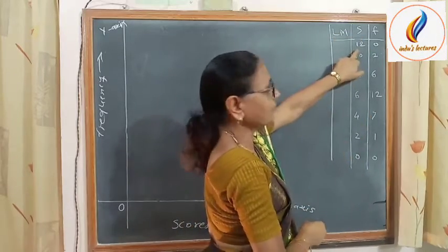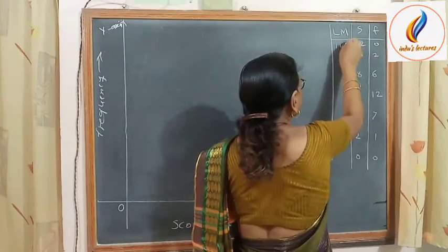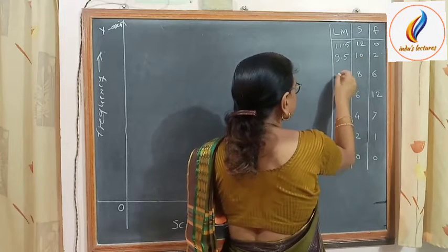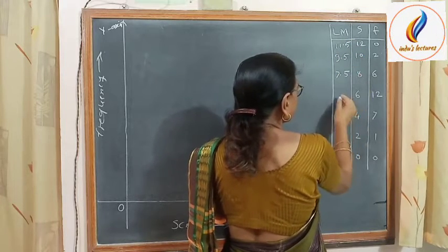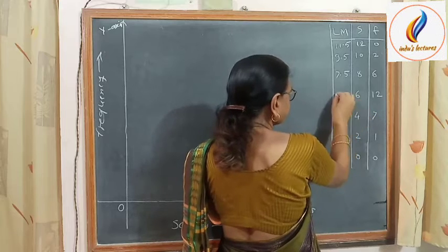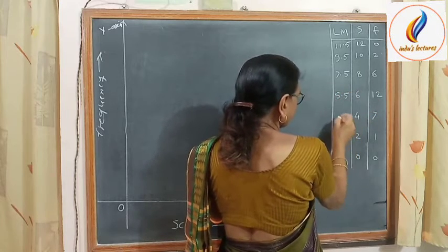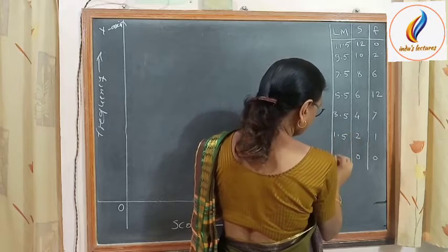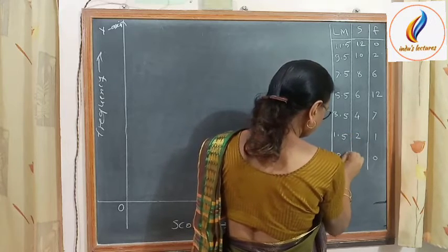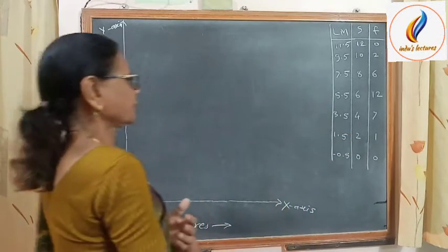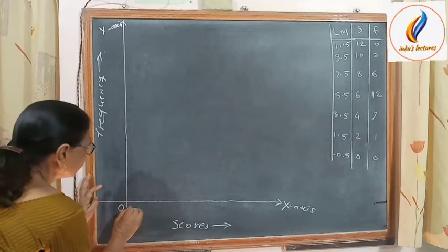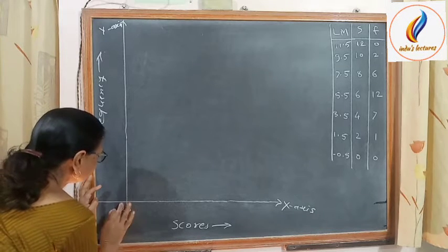The lower limit of 12 is 11.5, then 9.5, next is 7.5, then for 6 it is 5.5, then 3.5, then 1.5 and minus 0.5. Now we take the point as minus 0.5, not 0.